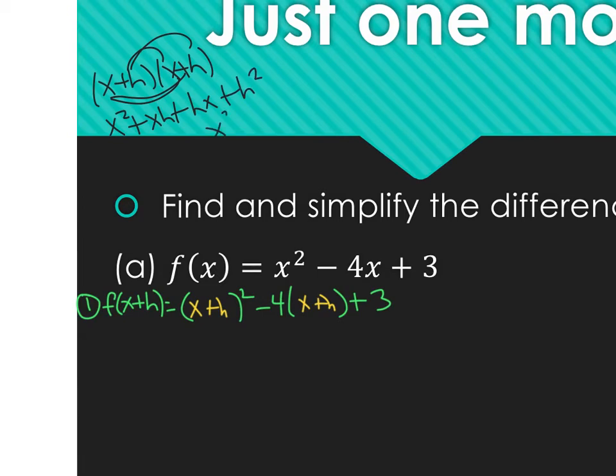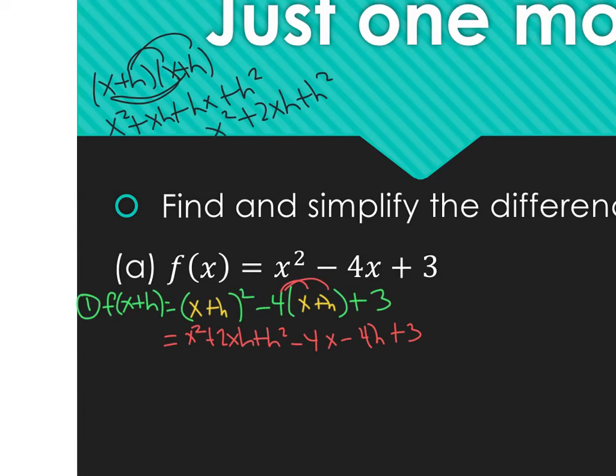Well, that's x squared plus 2xh plus h squared. Okay, so we're just going to replace that here. And remember to distribute the negative 4 through the x and the h. So minus 4x, minus 4h, and then plus 3.